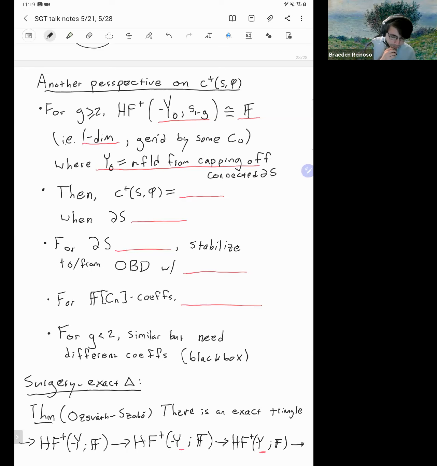So then it turns out that the contact class of your open book is simply the image of this generator of your one-dimensional homology in the right spin C structure, when your binding is connected.